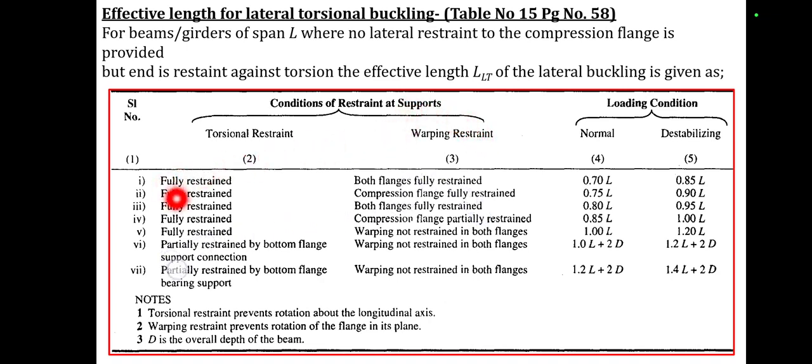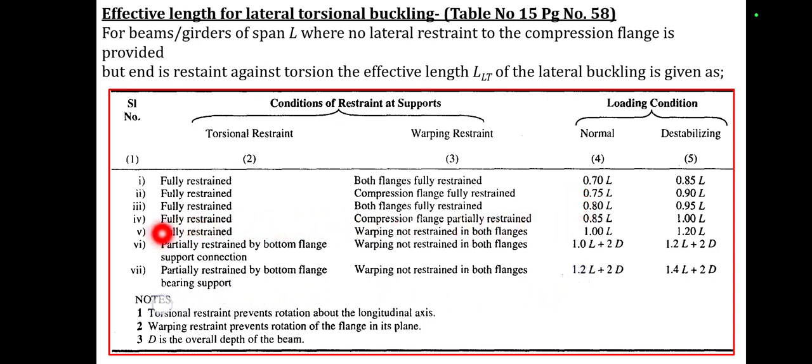When the beam is fully restrained against torsion and both the flanges are fully restrained against warping, for the normal loading the effective length is 0.7 L. When the beam is fully restrained against torsion and only the top compression flange is fully restrained, in that case, for the normal loading, the effective length is 0.7 L.